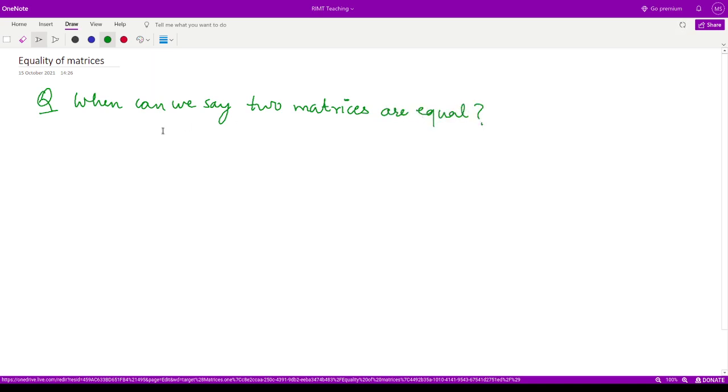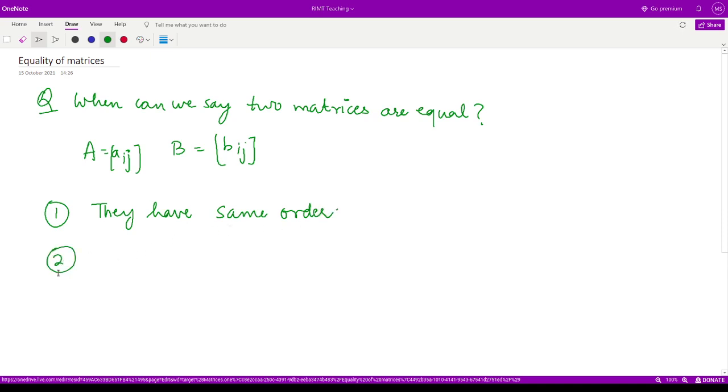So here, suppose the first matrix is A, the second matrix is B, and A has elements of this form Aij, and B has elements of this form Bij. This is the name for these two matrices. For these two matrices, we call them to be equal when they have the same order.